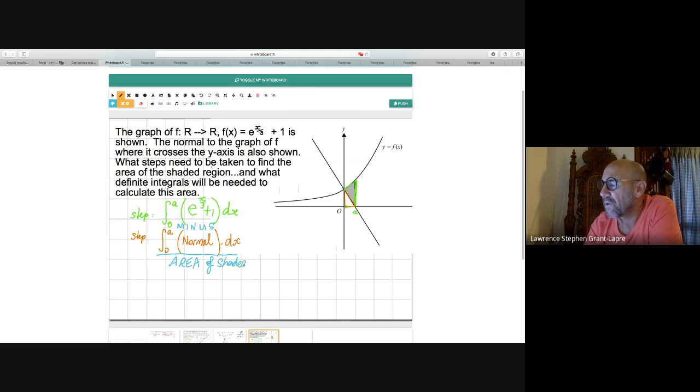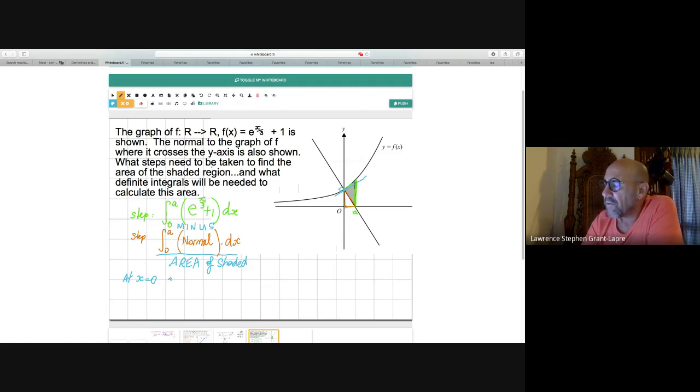Now, we need this formula for the normal. So the normal has a gradient at right angles to the curve at x equals 0. So at x equals 0, what is the gradient of our function?